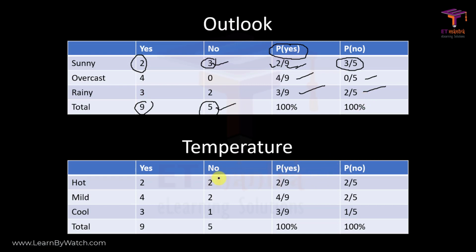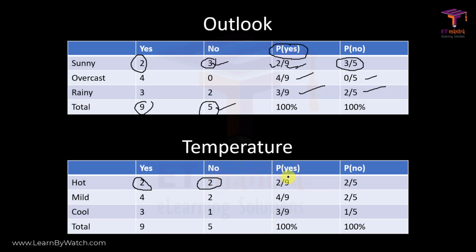Similarly I have compiled the stats for the temperature dataset. This 2 represents that the day was both hot and the match was played, and this 2 here represents it was hot and the match was not played.